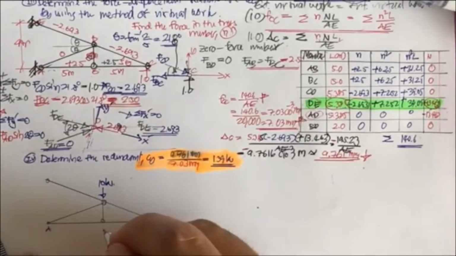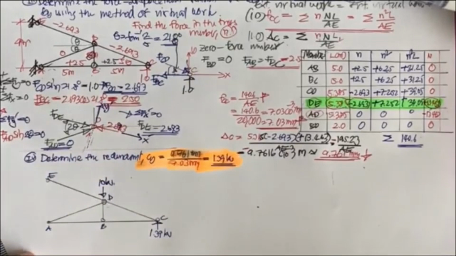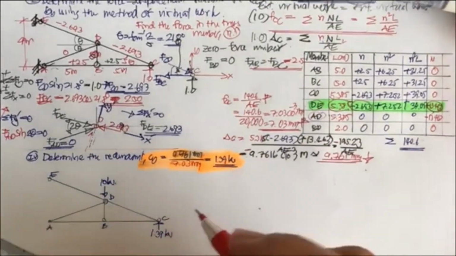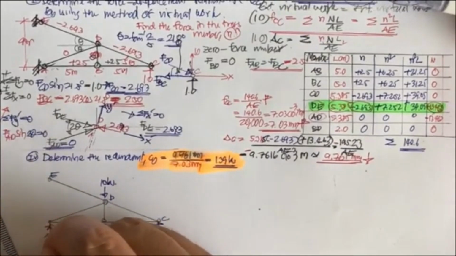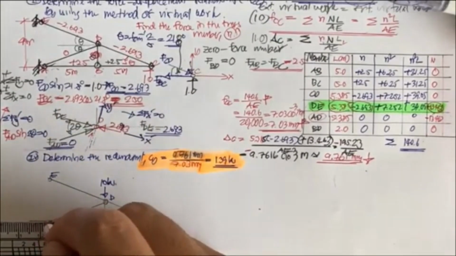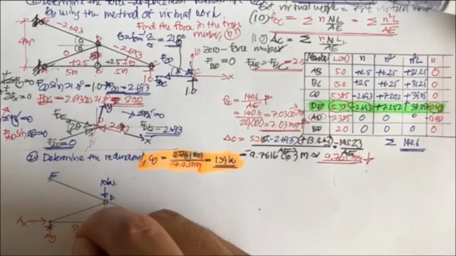This is A, B, C, D, E. To make it more complete, we have A sub Y and also A sub X, and this is 5 meter.